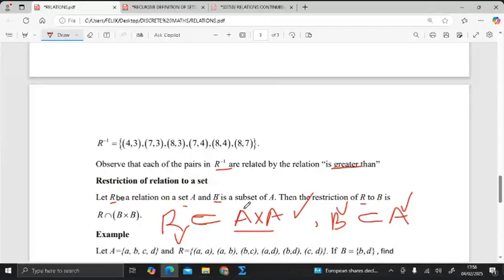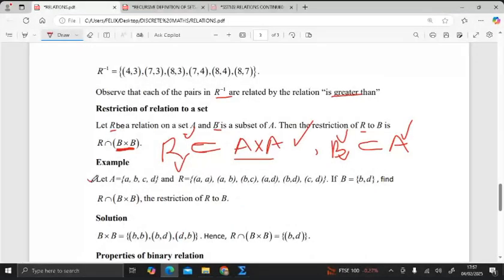And we're told that B should be a subset of A. See, every member of B is inside A. Then the restriction of R to B, which is a subset, its members must be members of A cross A, the Cartesian product of A and itself.